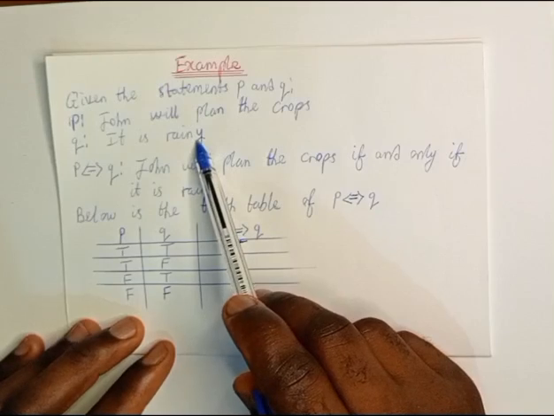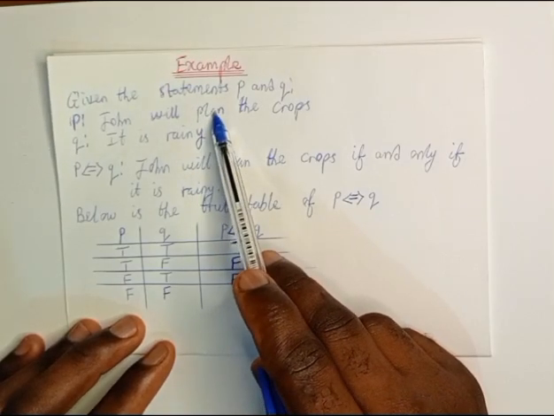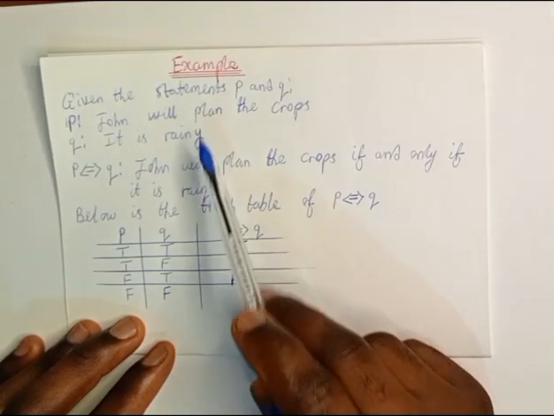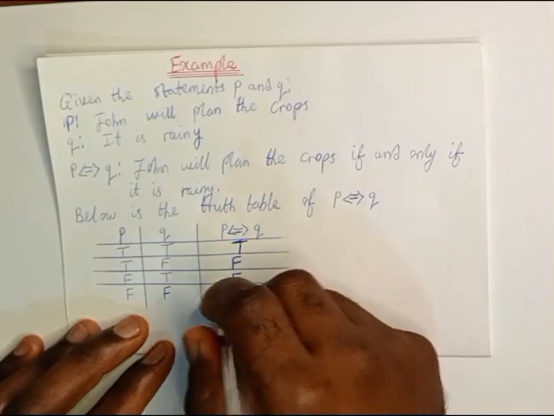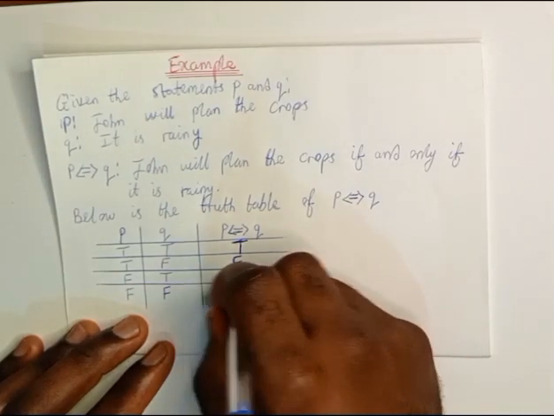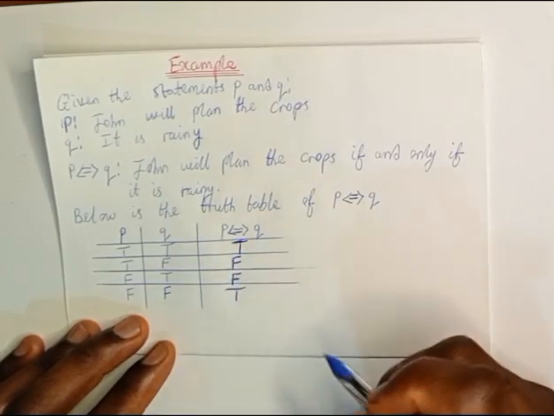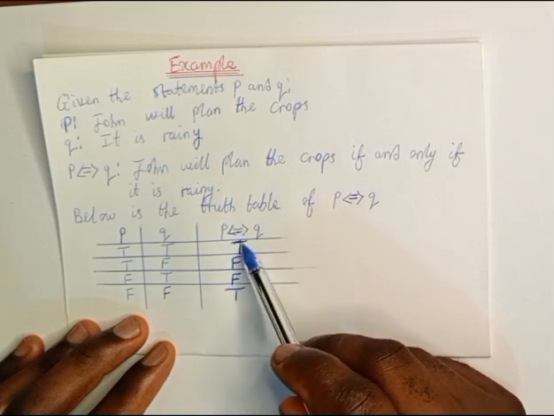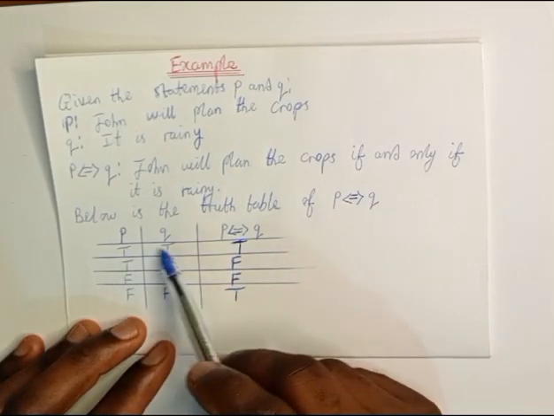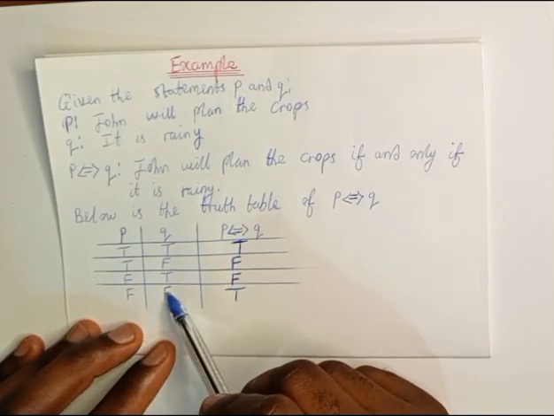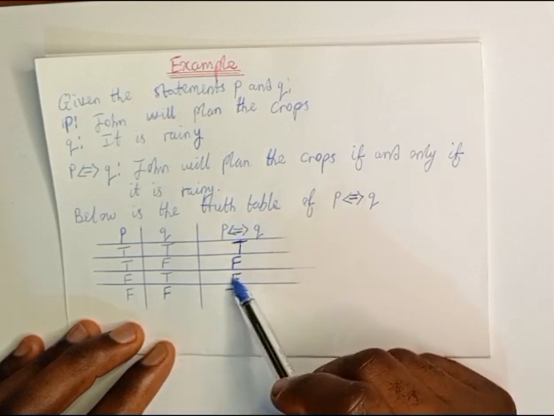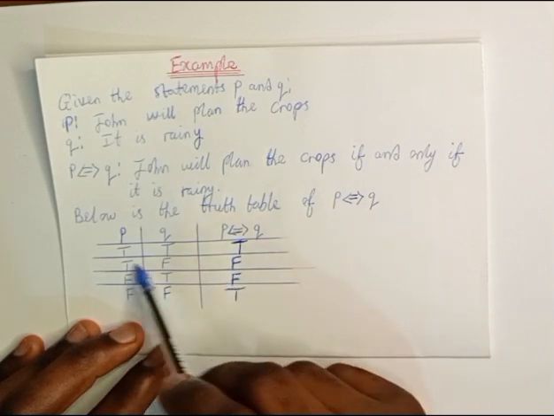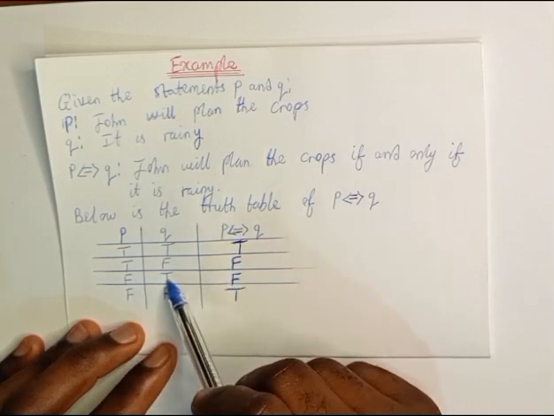A false hypothesis implying a false conclusion is true. Therefore, in this case, the biconditional statement is true. You can see the biconditional statement is true when the two statements have the same truth value, and it is false when the two statements have different truth values.